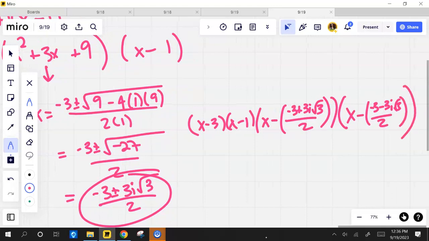Well, I guess no, you wouldn't have to, Slade, if you had the fraction. Yes. Because these two, one's plus and one's minus.